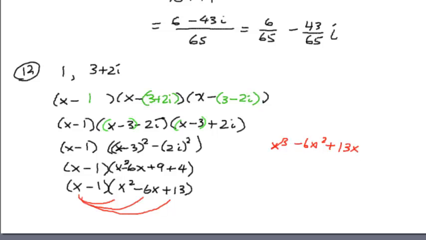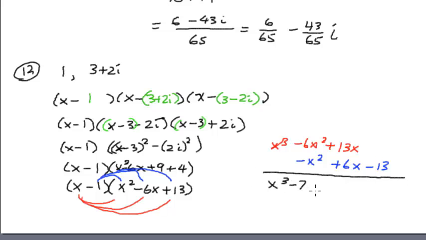13x. And then for the other one, for the negative 1, I'm going to get negative x squared plus 6x minus 13. And combining my like terms vertically, I get x cubed minus 7x squared plus 19x minus 13.